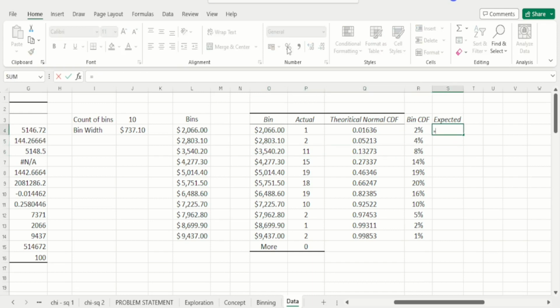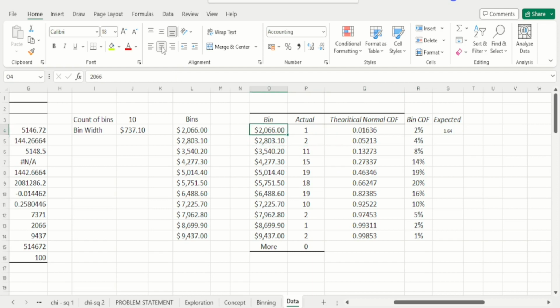So basically all that we have to do is multiply the total number of data points, which is 100 (you could also use a count function), by the bin CDF. That gives us the expected number of data points for this normal distribution. In other words, if this was a normal distribution, then this is the number of expected data points, which means to the left of 2066, you just expect 1.64 data points.